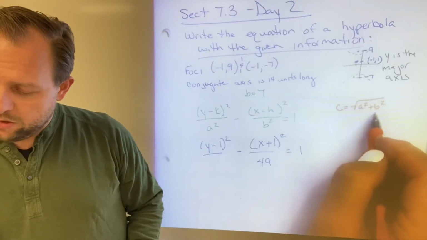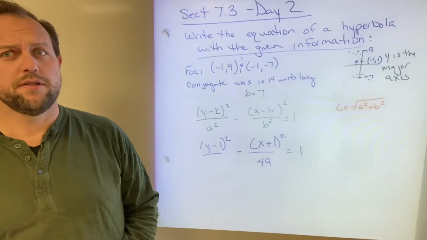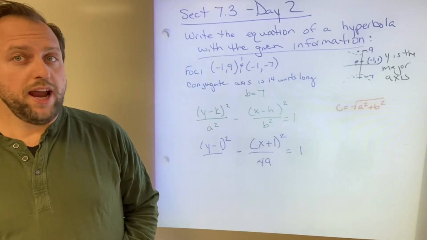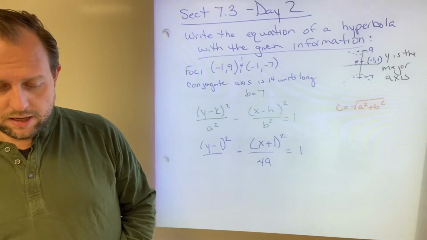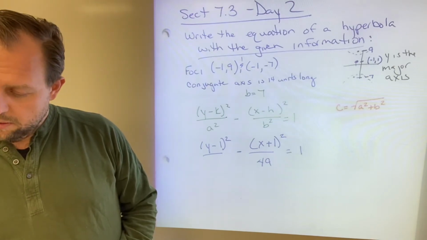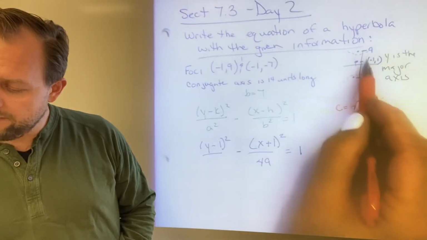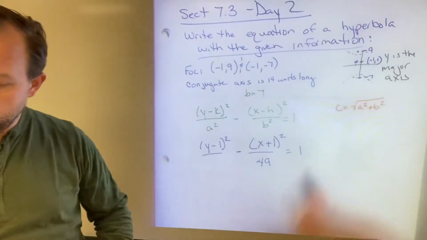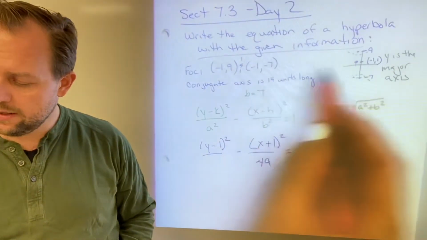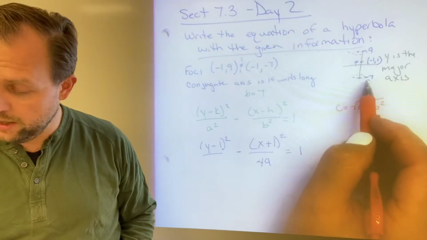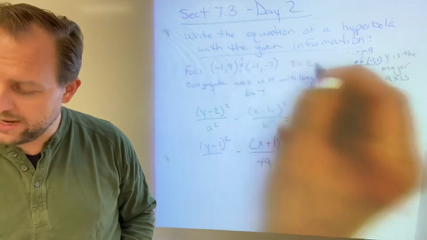So I've got b squared, I need a squared. I don't have the distance of the major axis. Instead, I have the foci. The difference between those foci, 9 and -7, is 16 units. Half of that is 8. That 8 represents c.